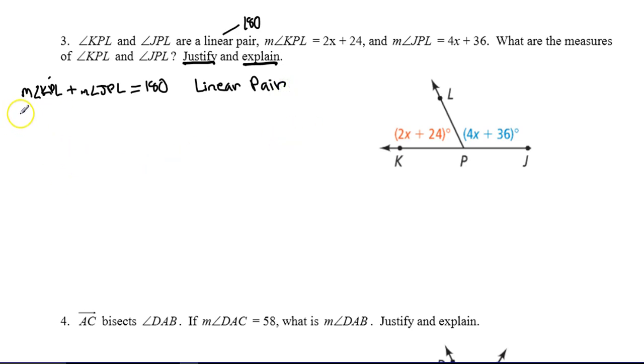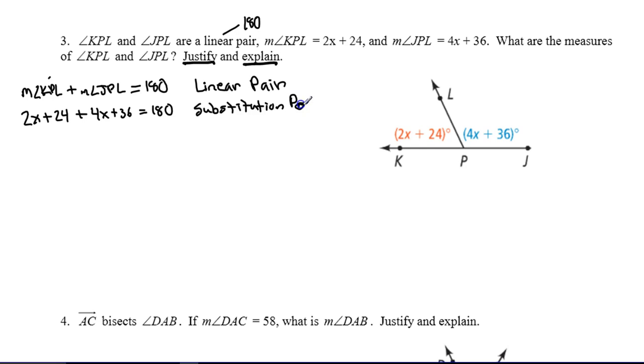Now, we know that KPL is represented by this expression 2x plus 24. And the measure of JPL is represented by 4x plus 36. That equals 180. So what did we just do? We used substitution.